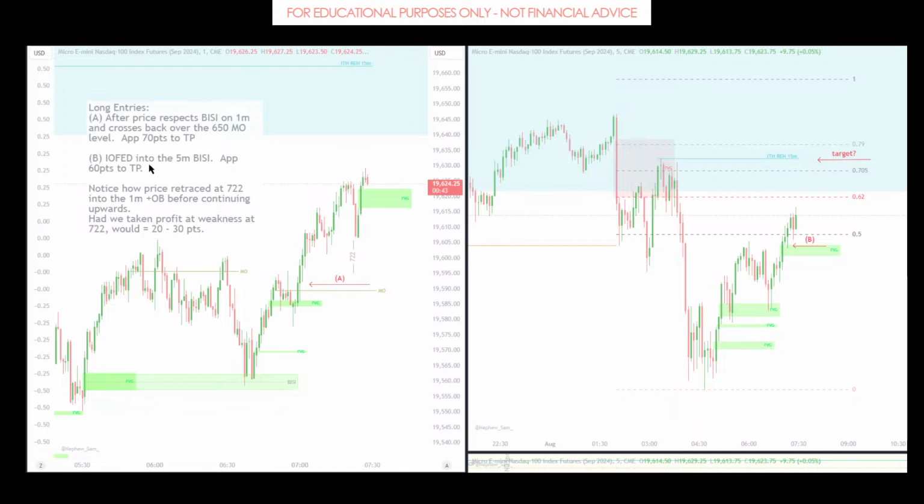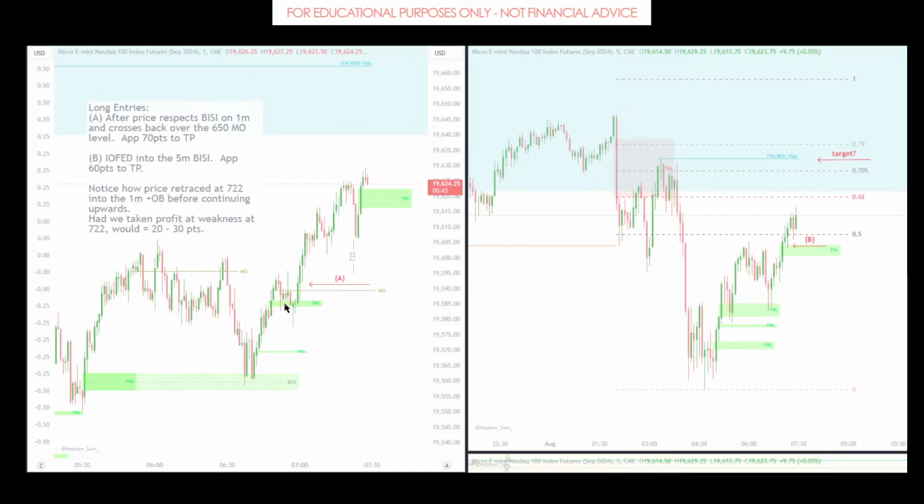So what we could have done was we could have entered at A, right? We pushed up, we had a BISI over here, came back down, respected it, and then closed above which macro is this? I guess that's the 650 macro, right? So that's the 650 macro. We wicked below it, came below it.